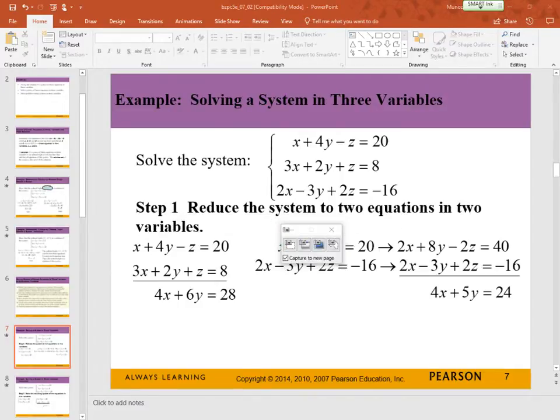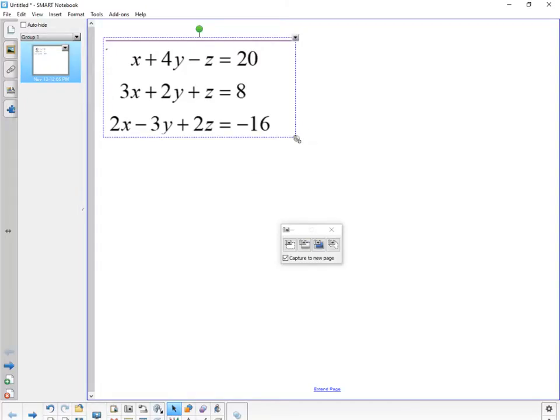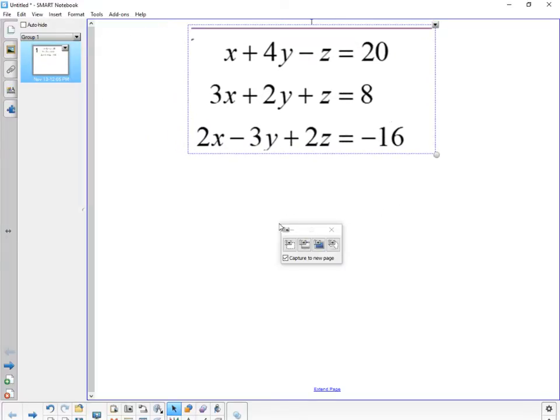Here we have a system, 3 equations, 3 variables. I'm going to show you probably 2 ways here. It's totally up to you. Pick one, get good at it.